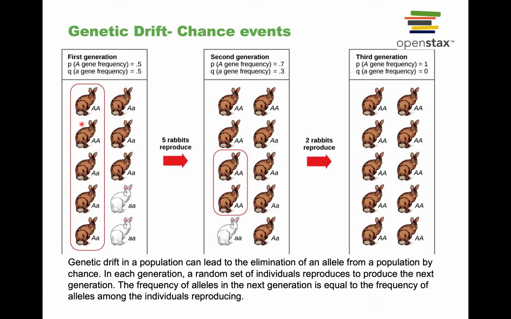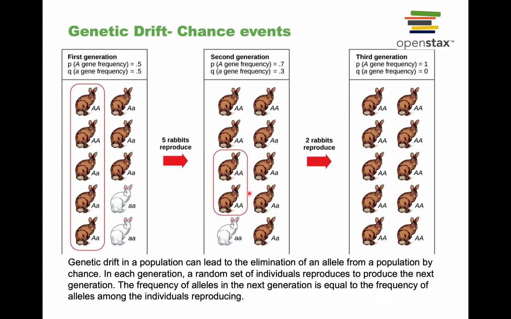But because of some chance event, only the rabbits that have at least one big A allele are able to reproduce. That changes the allele frequency so that the big A allele goes up and the little a allele goes down.